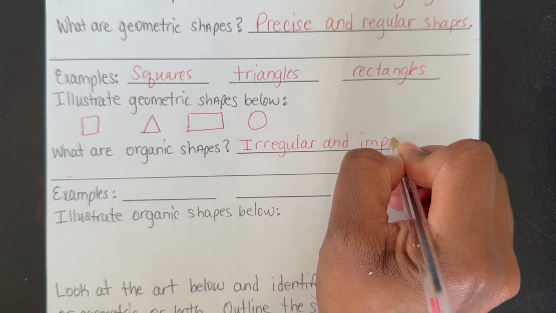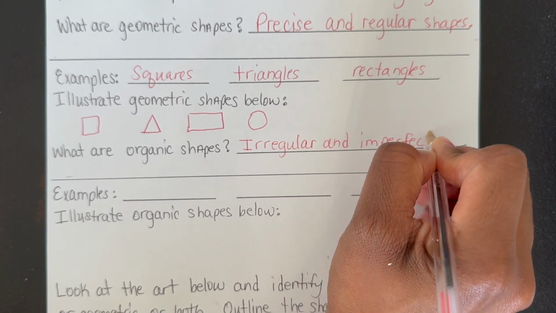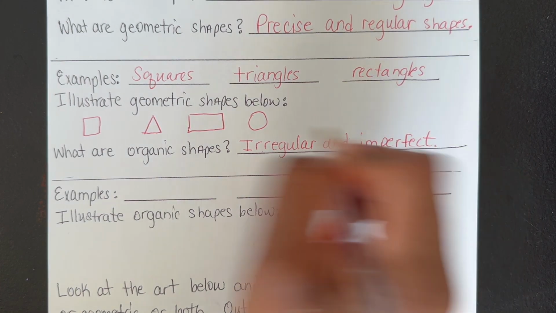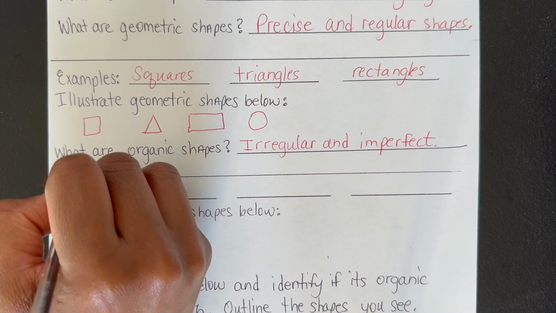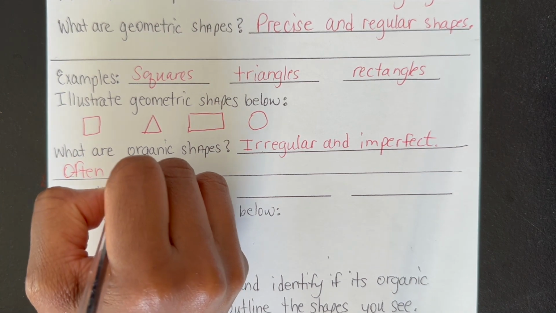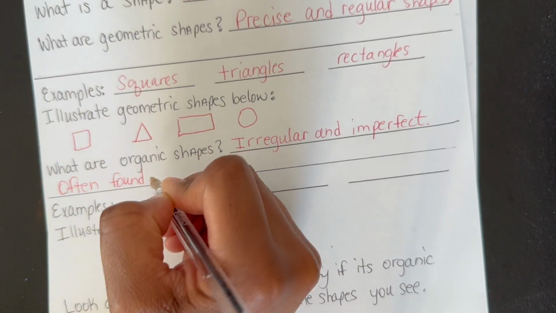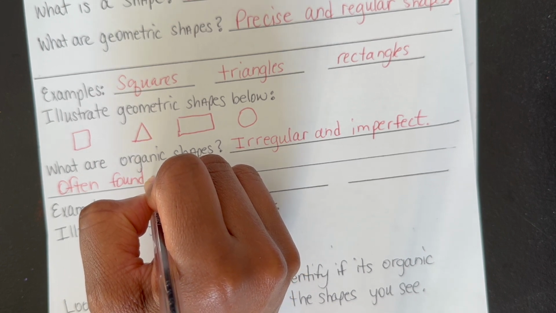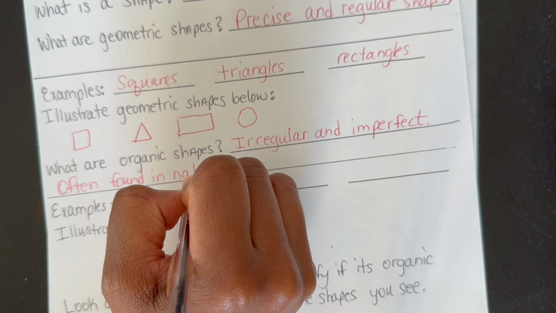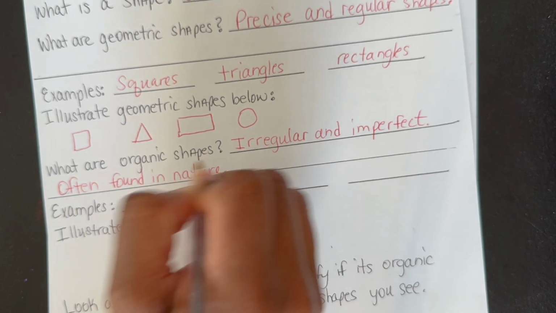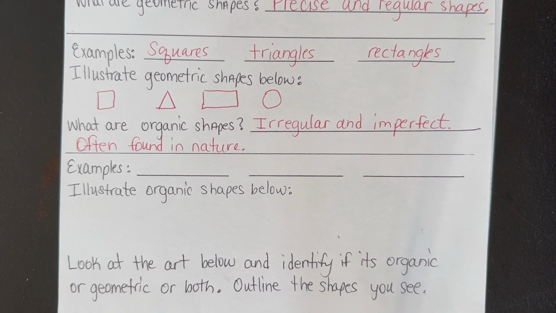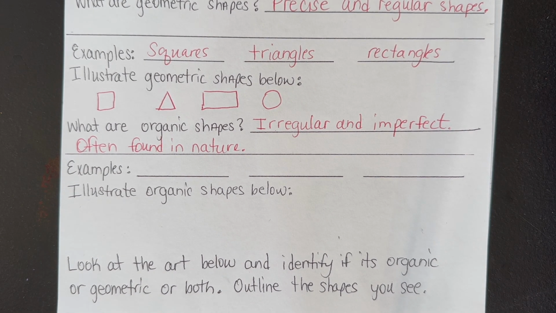Irregular and imperfect. They are often found in nature.